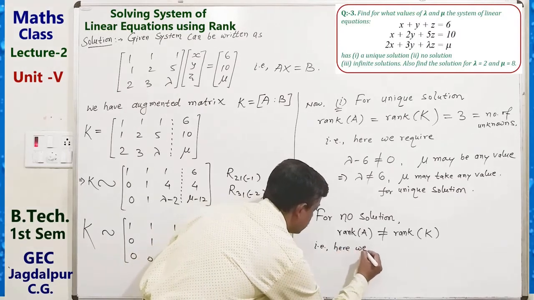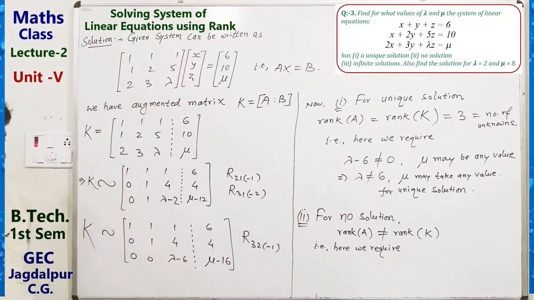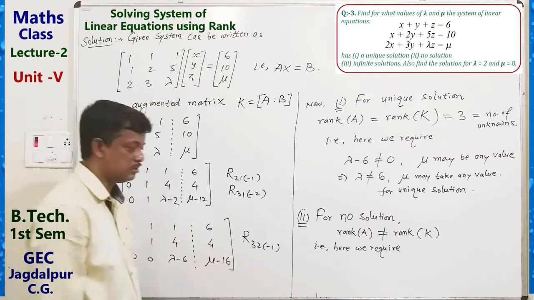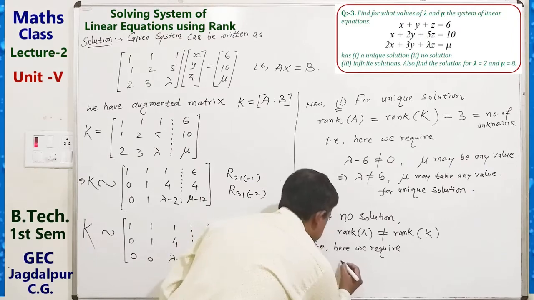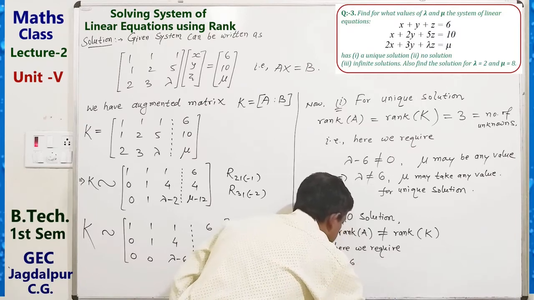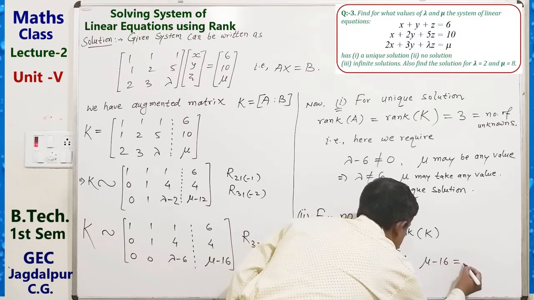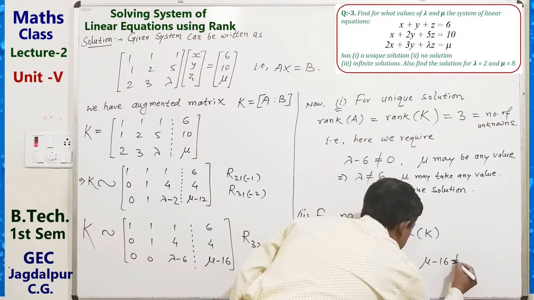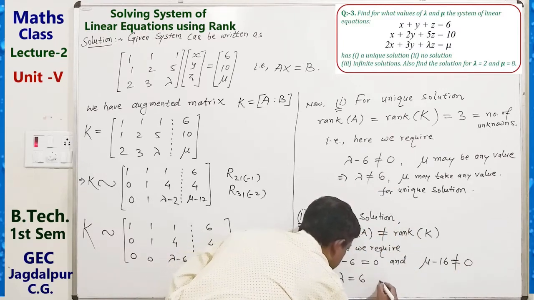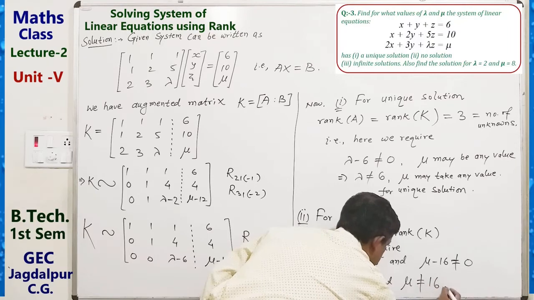Here we require unequal ranks. So this is equal to 0, this is not equal to 0. So lambda minus 6 is equal to 0, and mu minus 16 is not equal to 0. This implies lambda equals 6 and mu not equal to 16.